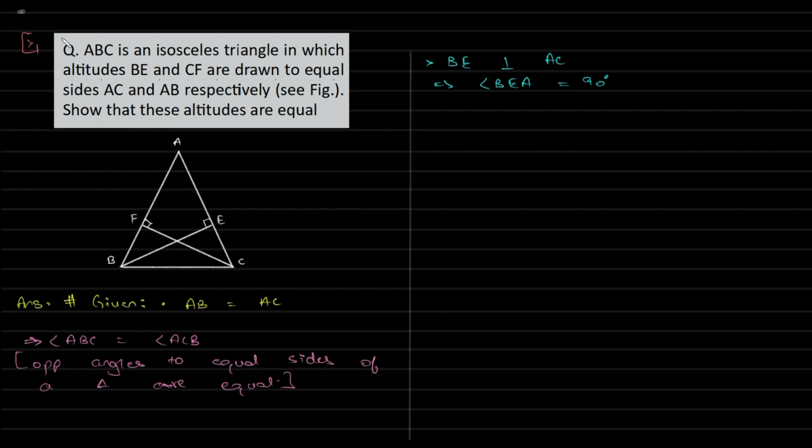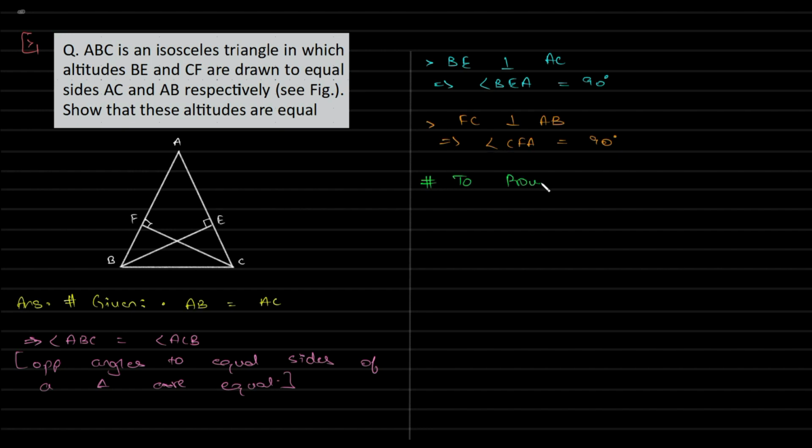Okay, because it's an altitude, it's given. And similarly, we have FC perpendicular to AB. This implies angle CFA is equal to 90 degrees. Okay, so we just wrote that. So this is all the given part.